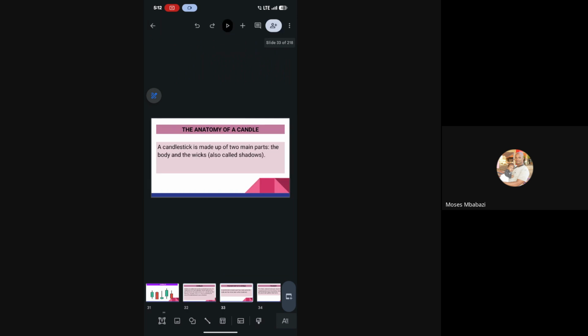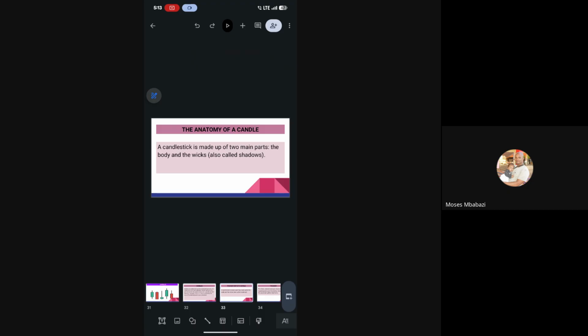All right, let's go on to the next slide. We have the anatomy of a candle. It says a candlestick is made up of two main parts, the body and the wicks. These are very important points we want to take note of. The candle is a very important and critical subject matter in our business that you really want to understand.